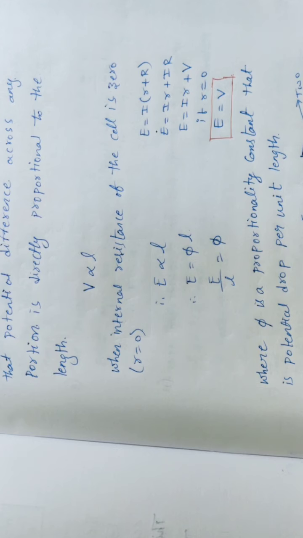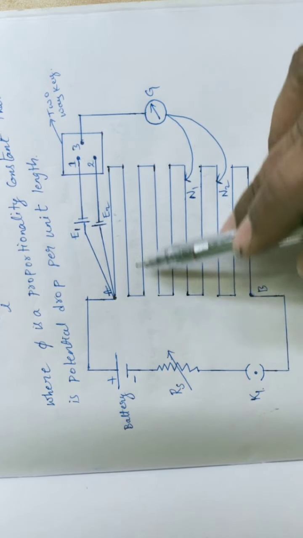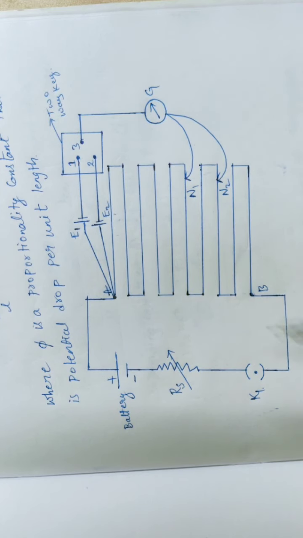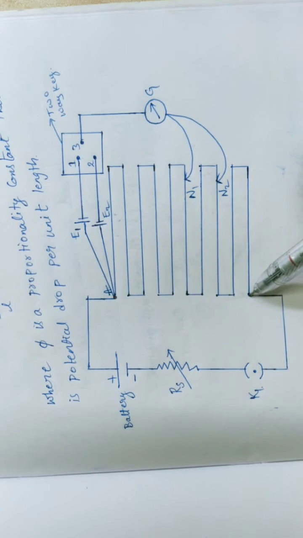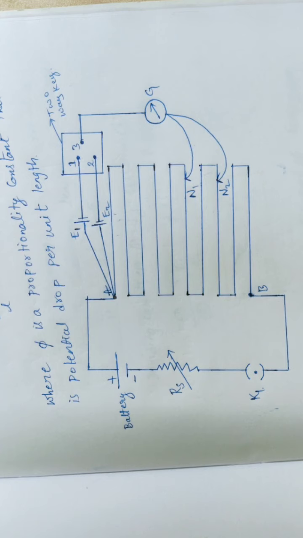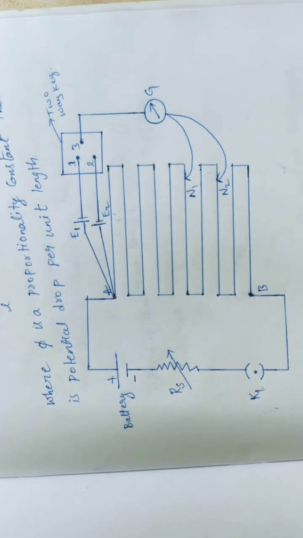Now, for comparison of EMF of cells, I am representing one circuit diagram, with the help of which we can find a few relations. See students, this is the arrangement given. Here AB is the potentiometer wire, with one free end at point A and the other free end at point B. Between these two free ends we introduce a primary circuit.